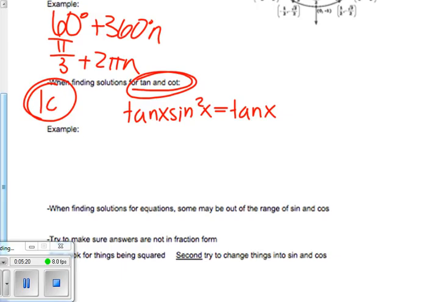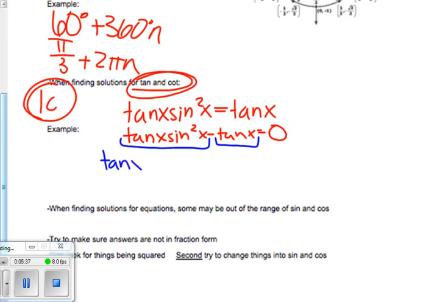So to do that, I'm going to first subtract over that tan x. Now, what does this term have and this term have in common? Tangent x. So I'm going to factor that out.